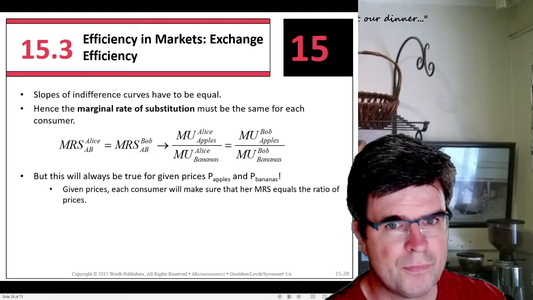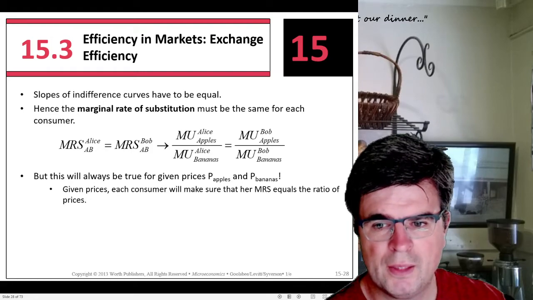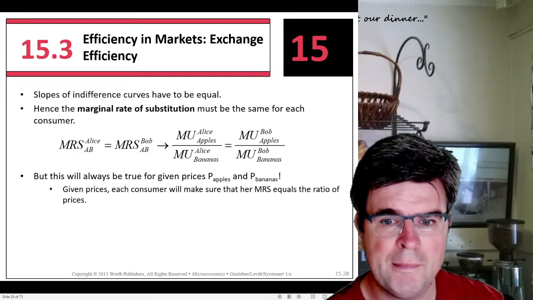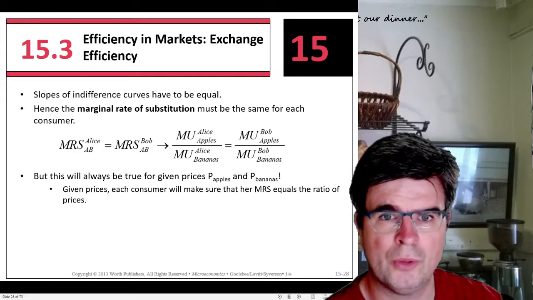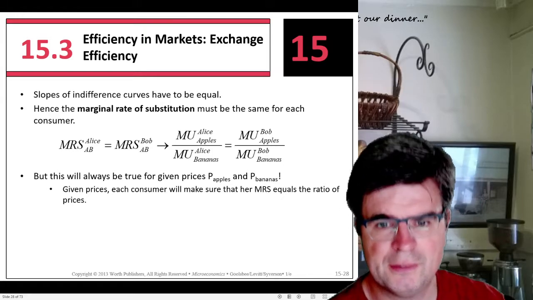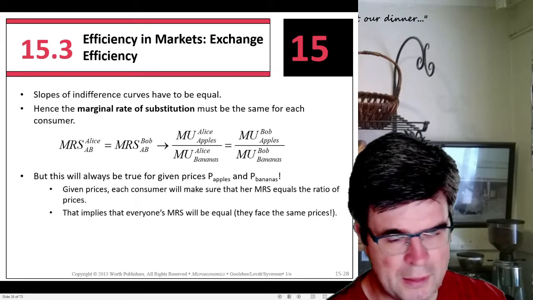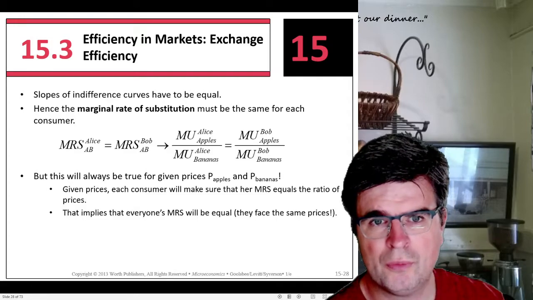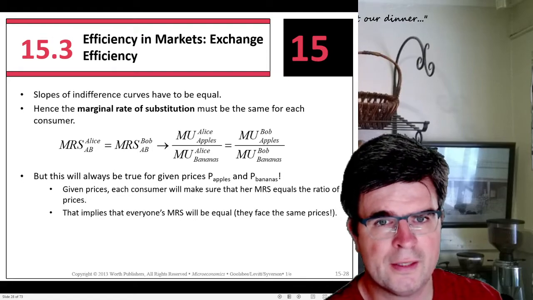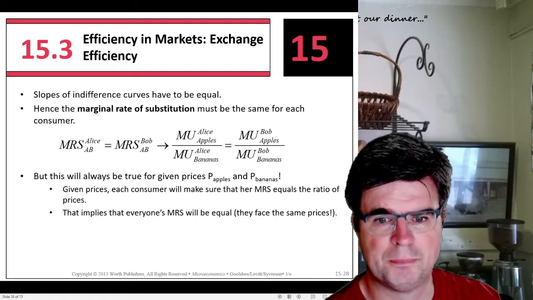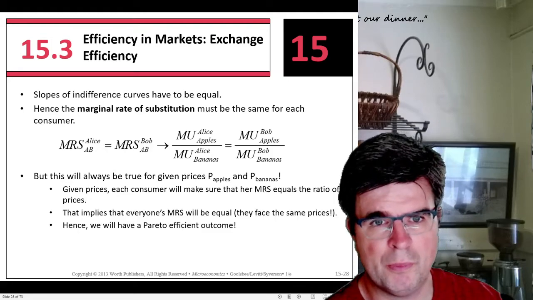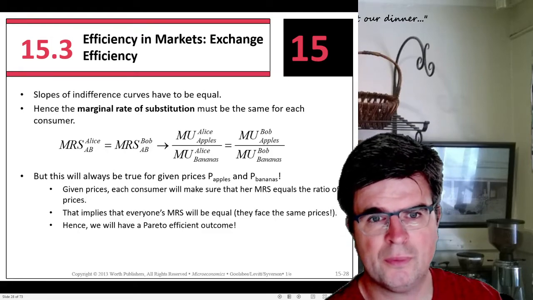So, to reiterate, given prices of apples and bananas, each consumer independently will make sure that his or her marginal rate of substitution equals the ratio of the prices. That implies that everyone's marginal rate of substitution will be equal because all individuals in society face the same prices. So, by the price mechanism, we will reach a Pareto efficient outcome.